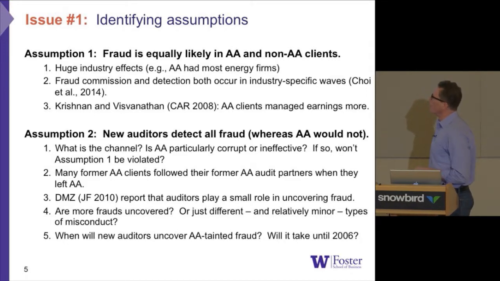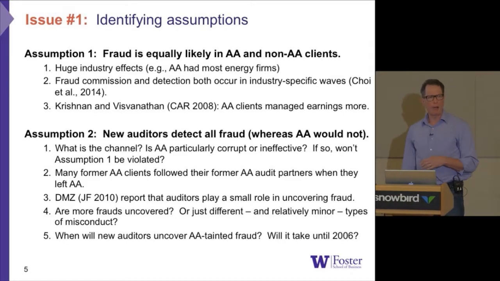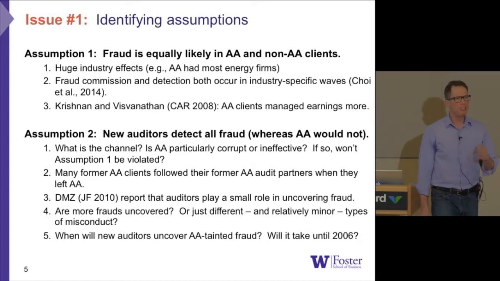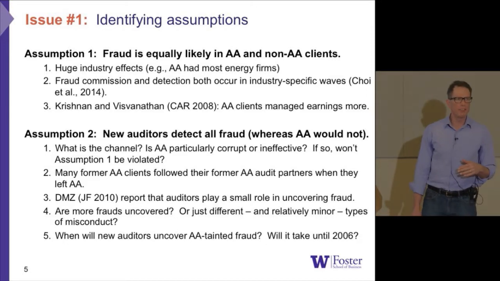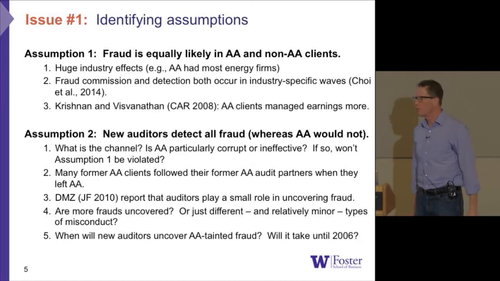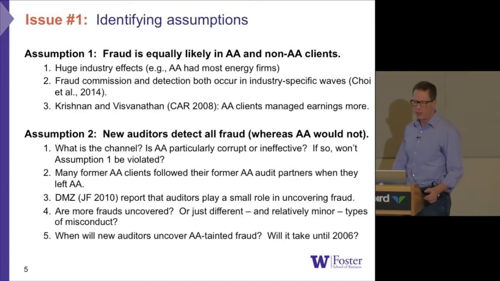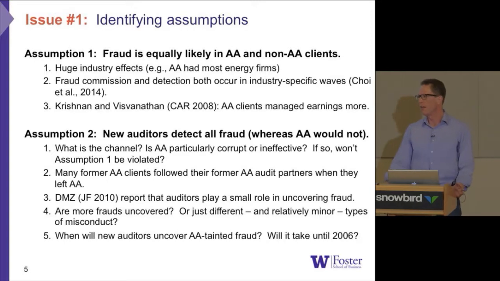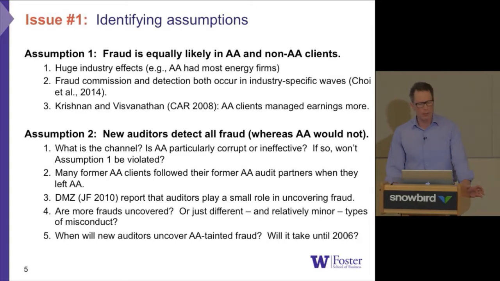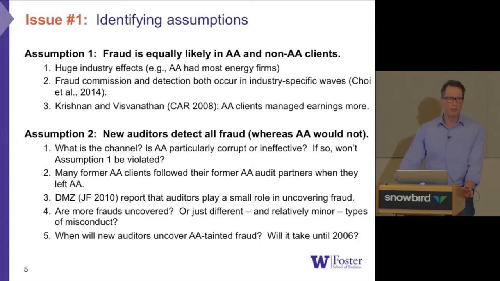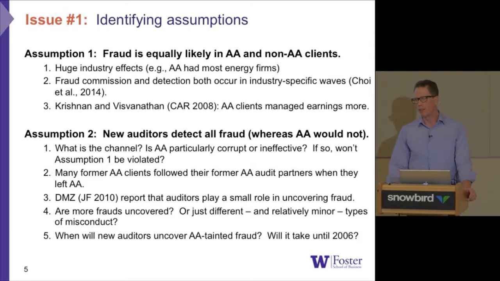So I've listed a number of observations or questions about each one of these identifying assumptions that raise questions about the assumption's validity. For example, up at the top, we know that there are huge industry effects. Arthur Andersen was big in the energy sector. We know that there are huge industry-related wave patterns, both in the detection and the commission of financial fraud.